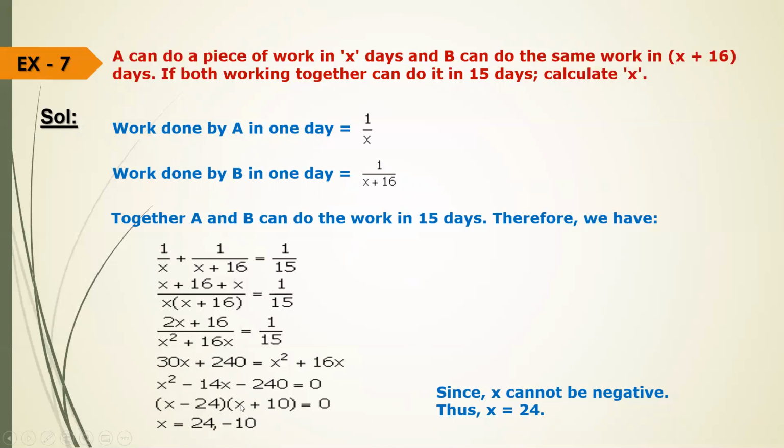So neglect minus 10 and take the positive value as the answer. They are asking only to calculate the value of x. So the value of x, whatever is the positive number, that will be given as the final answer. x equal to 24 is the answer of this question.